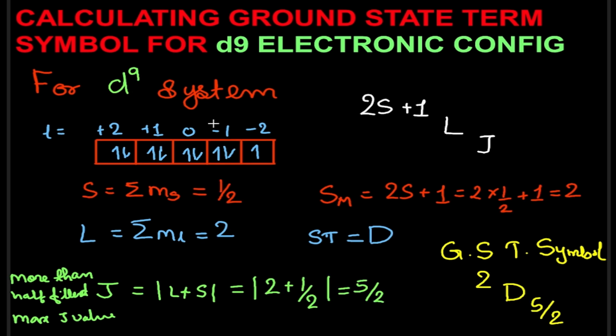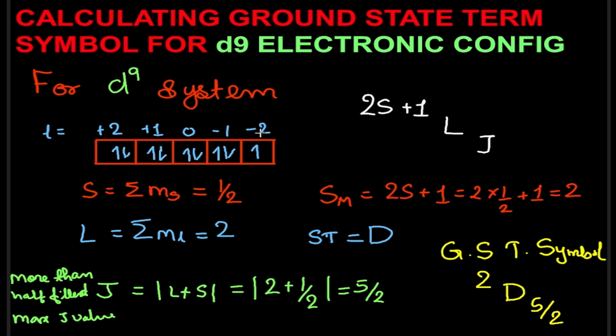Moving on to the d9 system. The d9 system will have 4 pairs of electrons and 1 unpaired electron, so this is similar to the d1 system. We have a whole formulation, and we could calculate in that particular manner also. Over here the spin is half, and the spin multiplicity will become 2. For the value of capital L, plus 1 has 2 and minus 1 has 2, so these cancel out.